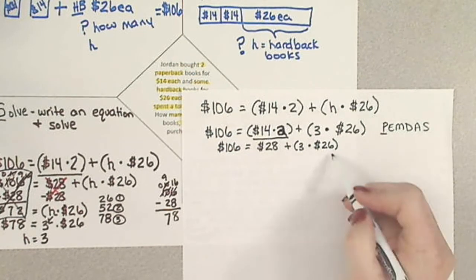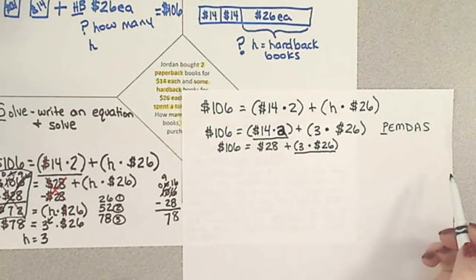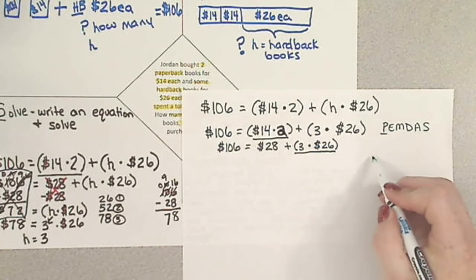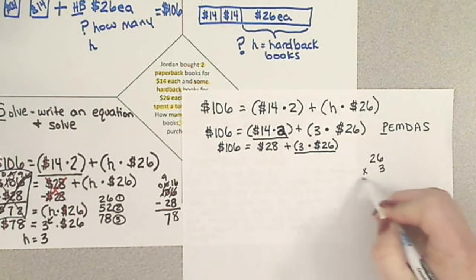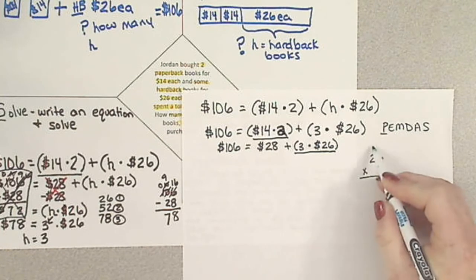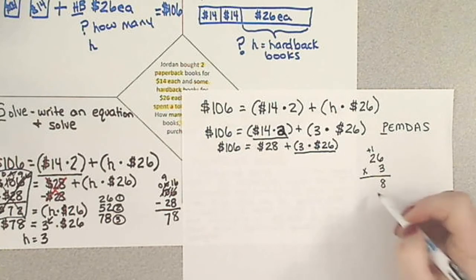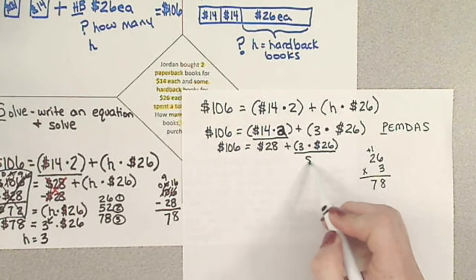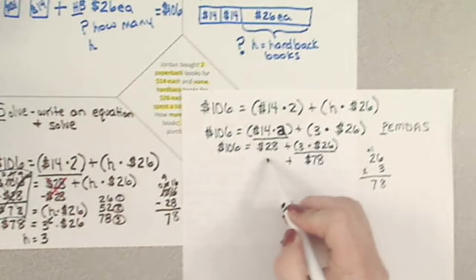I still have parentheses, so I can't move on yet. 3 times 26. We listed the multiples, but let's go ahead and double check it. 26 times 3. 6 times 3 is 18. 2 times 3 is 6, plus 1 is 7. Okay, we had it right. That means that he spent $78 on hardback books.